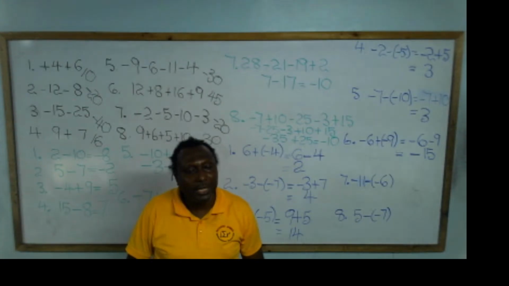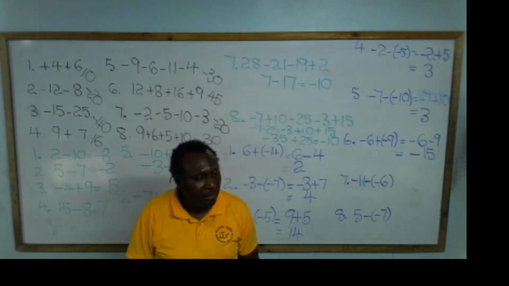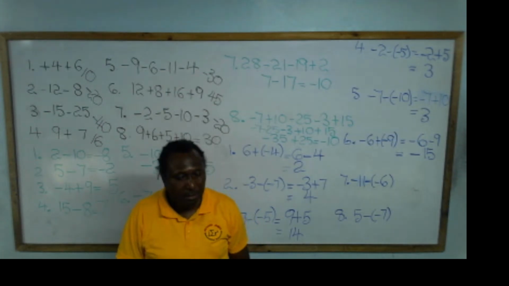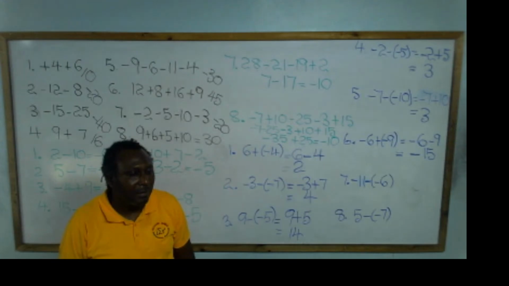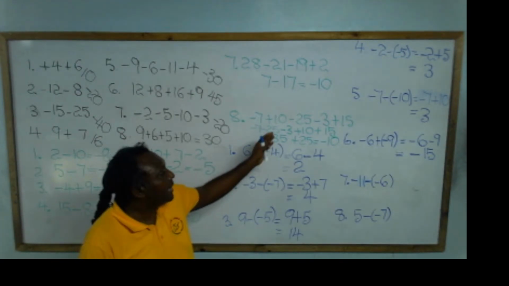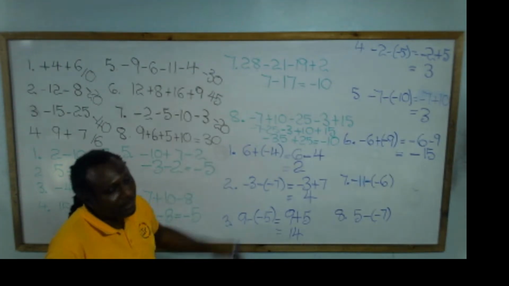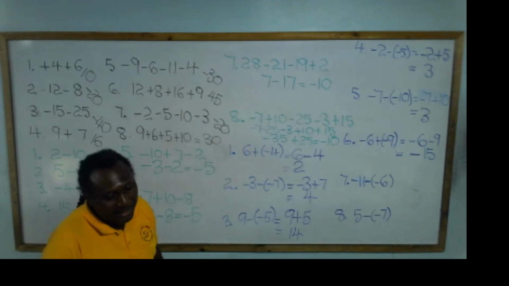So you can take a look at the instructional manual and go through the lesson, and you'll find that if you do it in bits and pieces, like how we have done this in 4 rules for addition and subtraction, and 2 rules for multiplication and division.